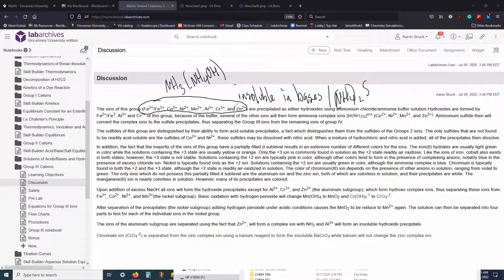But some of these, in particular zinc and a couple of the others, actually complex in the presence of ammonia. And so what we're going to do with those instead, instead of just letting them float out there into something else, is hit them with ammonium sulfide and turn them all into sulfides. So like zinc sulfide, ZnS, in that case. Same thing for the nickel, same thing for a couple of the others.